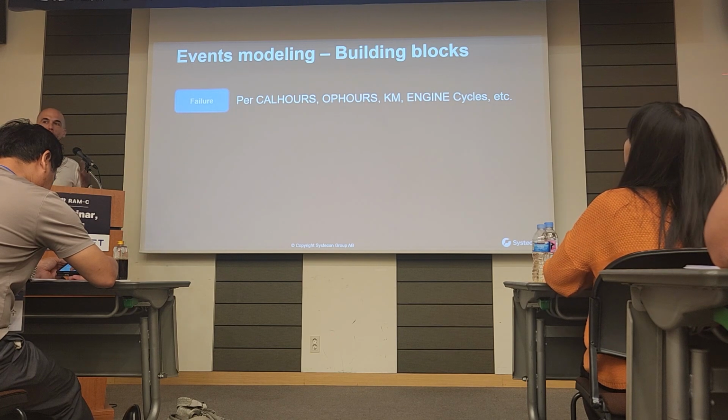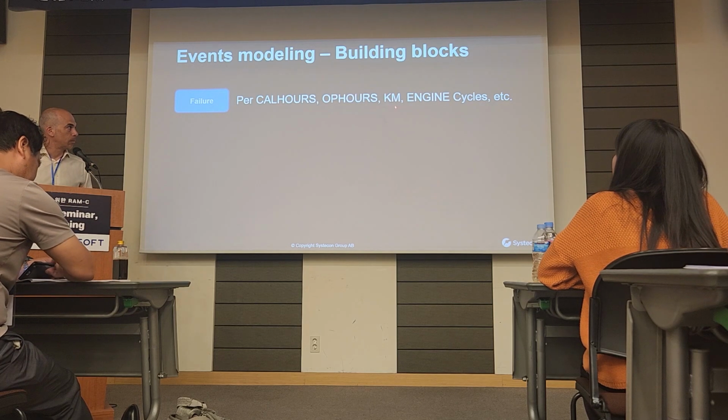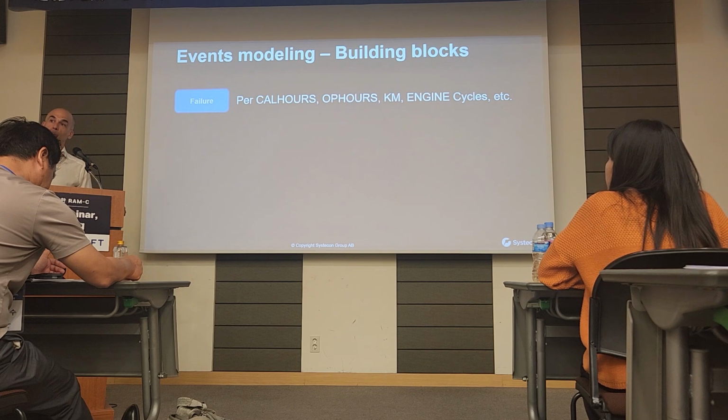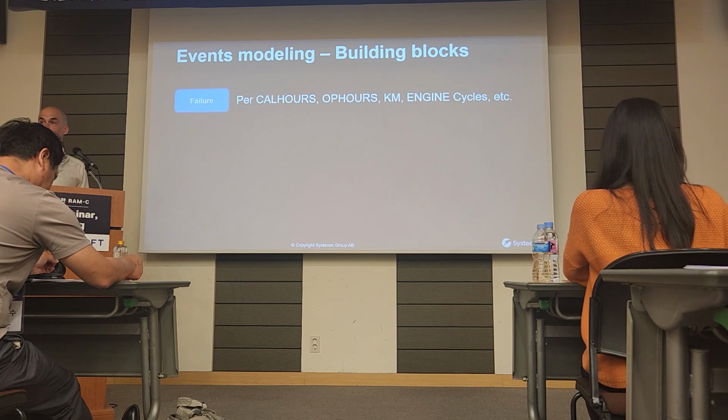But you can create your own operating parameters as well. For example, if we are talking about trains, most failures are described by kilometers and not by operating hours. If we are talking about aircraft engines, they have some failures that might occur based on engine cycles, etc. You can describe any type of failure unit of measure as you want.